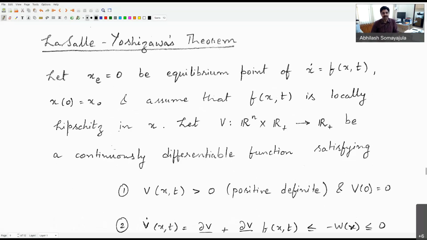Now let's look at how we apply Lyapunov's methods for non-autonomous systems. You'll see that this looks like our Lyapunov's direct method, but extended to non-autonomous systems. So again, we have a system x dot is equal to f of x comma t, starting from an initial condition x of 0 equal to x naught. I'm looking at the conditions for this equilibrium to be stable or not.